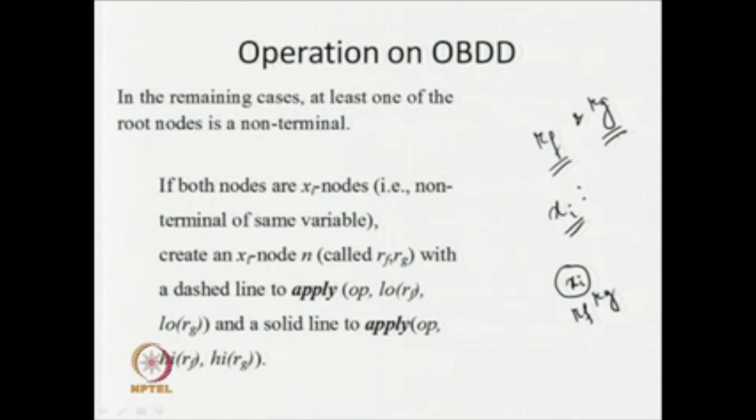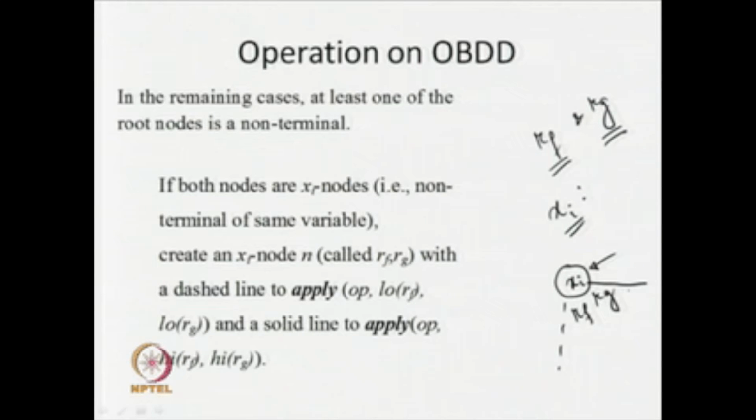So, we are going to label a node called RF and RG, and since both these particular nodes are labeled by xi, we are going to construct a xi node, and this xi node has two edges, one is dashed and one is your solid. The dashed line will say that xi equal to 0, solid line will say that xi equal to 1.